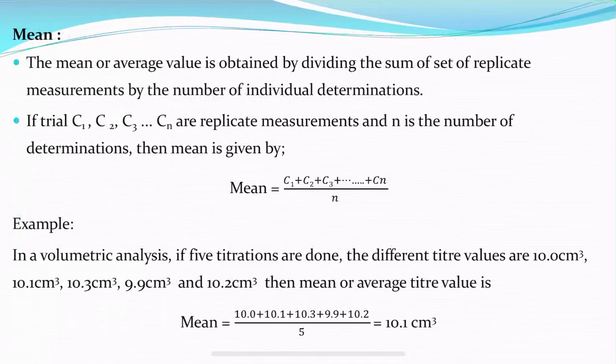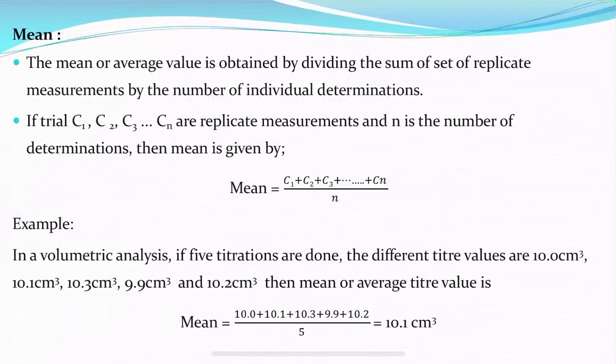Next is what is meant by mean, median and range. The measured scientific data are subjected to certain mathematical and statistical tests before accepting and reporting. You have come across this while doing titrations also.